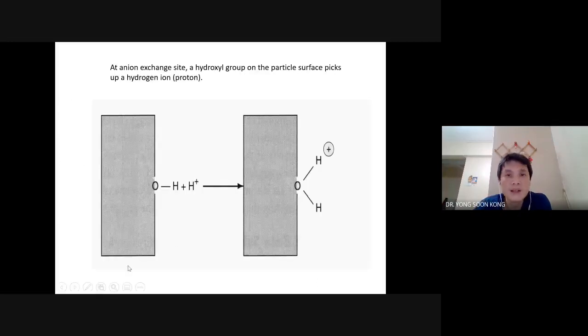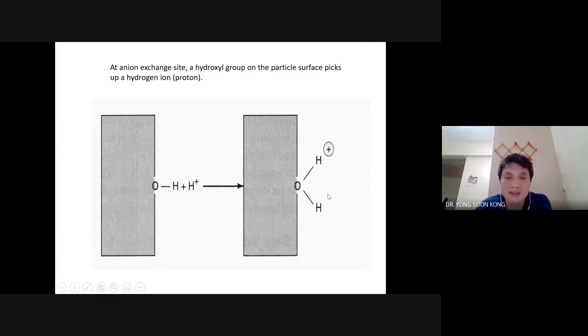Apart from that, imagine that this is the clay particle that we learned earlier. Originally it is OH, so it does not have any charge. But by having an H plus attack this hydroxyl group, it may become positively charged.